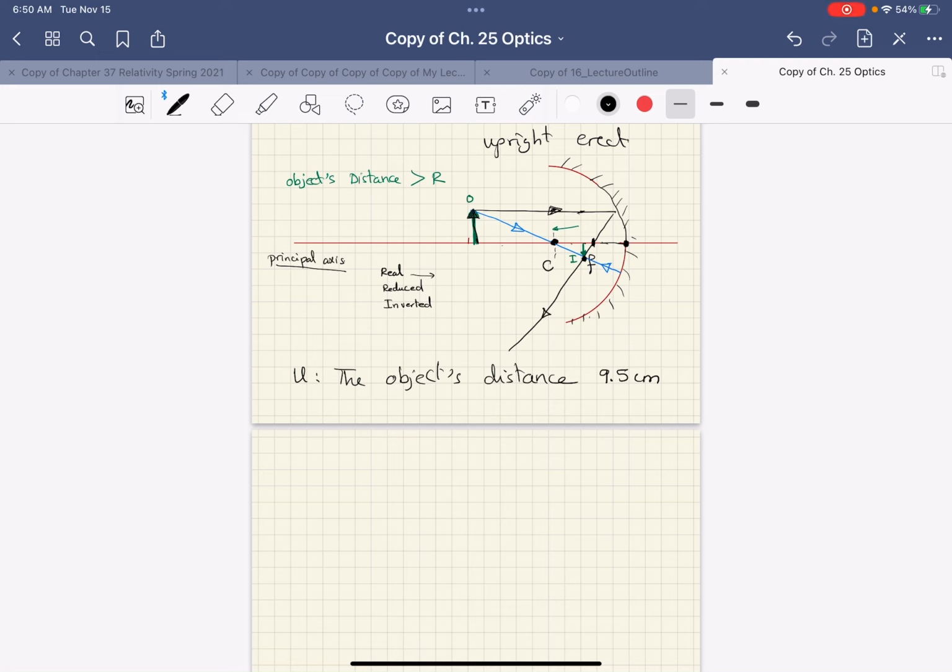All right, now R, which is the radius of curvature of the mirror, is about 1, 2, 3, 4, 5, about 5.